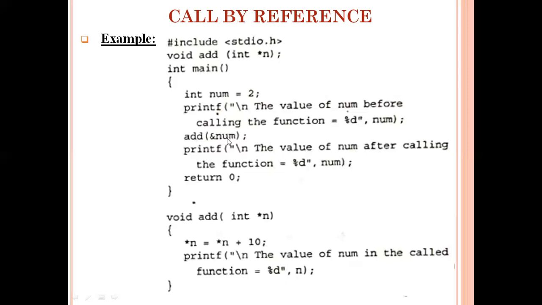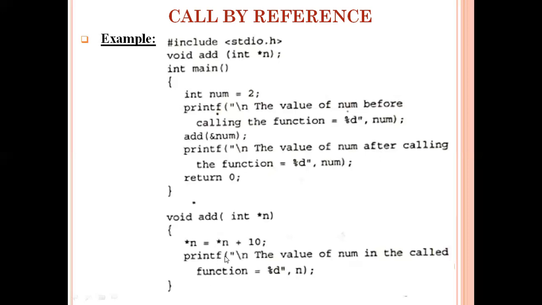After calling this function, we print the value of the number. When this particular statement is being executed, the program control will automatically be transferred to the definition part of the add function. This part we have already seen.